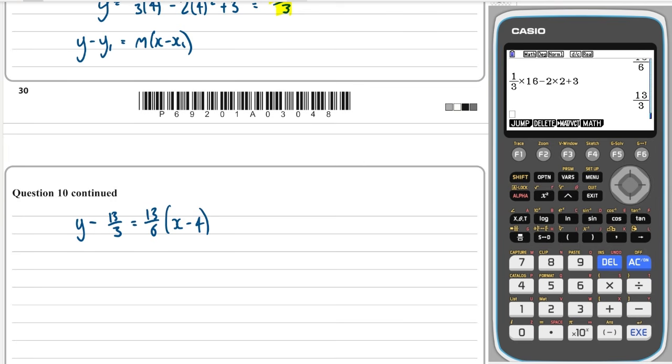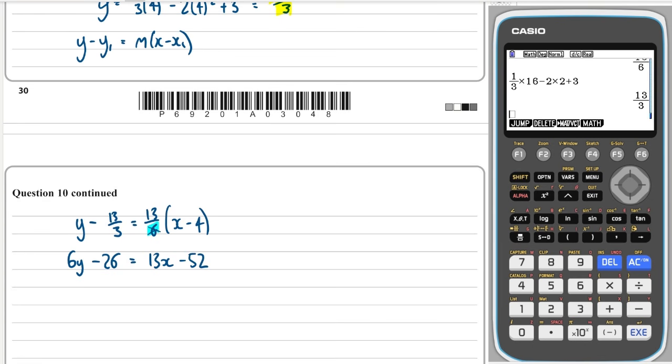Whenever I've got a fraction as a gradient, I can multiply both sides by the denominator. So timesing both sides by 6 will give me 6y. Timesing 13/3 by 6 will give me 26, so minus 26. And timesing through by 6 will cancel that, which will leave me with just 13x, and 13 times minus 4 is minus 52.